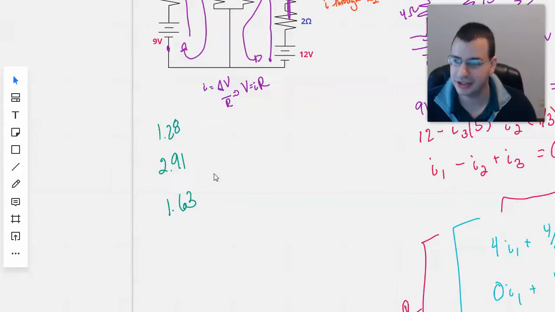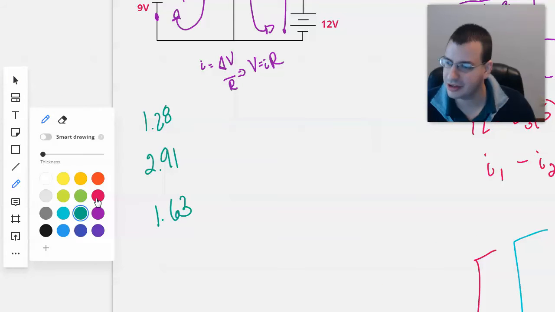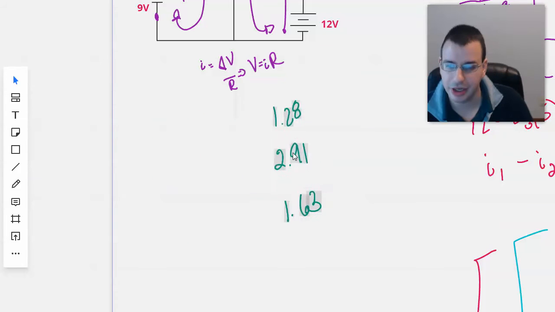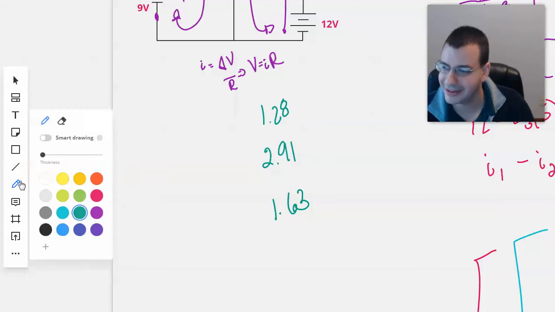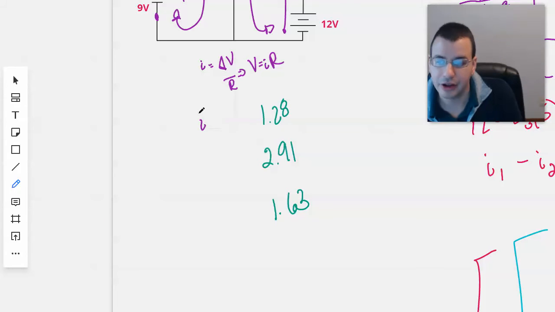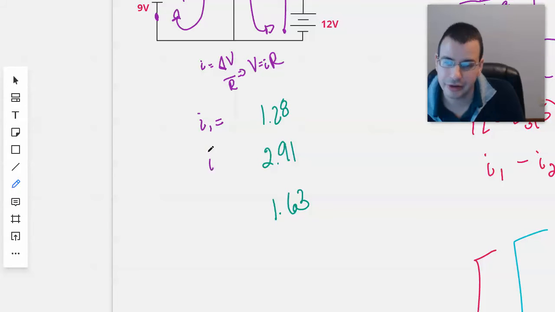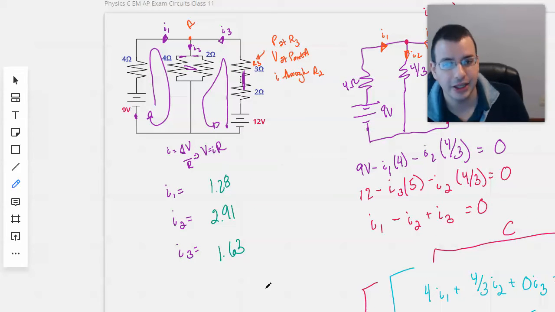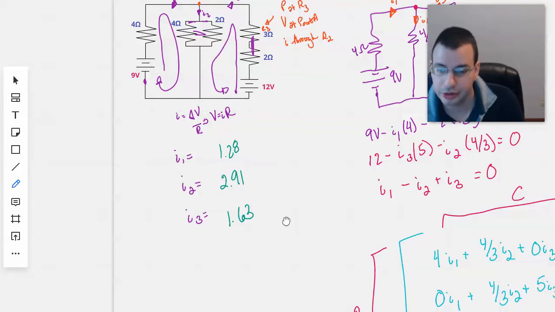So convenient. That is very convenient. But I want it slightly over to the right. There we go. All math should be done on computers. All right. I2, I3. Okay.